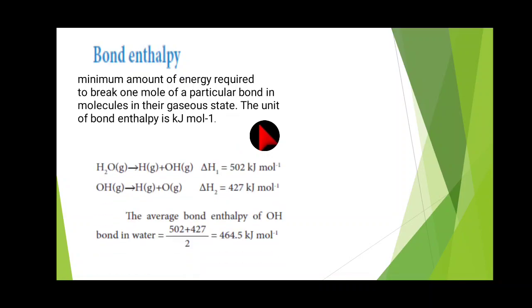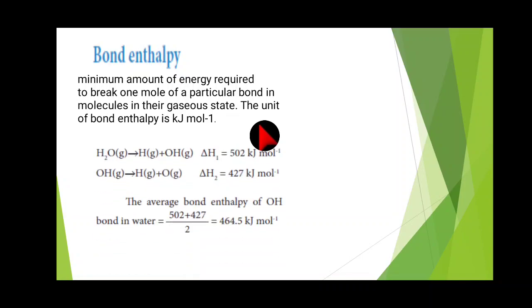For example, in water there are two OH bonds present, and the energy needed to break them is not the same. The bond breaking between hydrogen and OH group requires 502 kilojoule per mole.